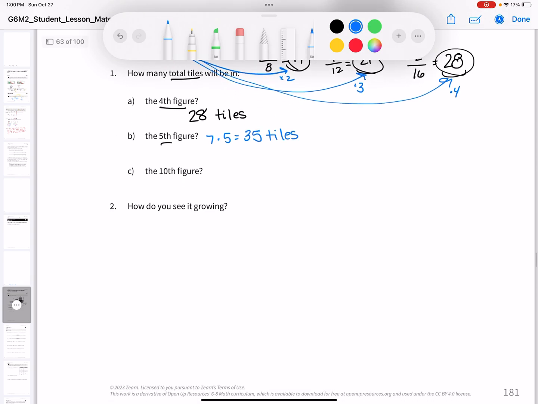And the 10th figure, I can go, oh, what's 7 times 10? 7 times 10 is 70. So there must be 70 tiles in the 10th figure. How do you see it growing? Well, each figure is, what do we want to say, is being multiplied by 7?